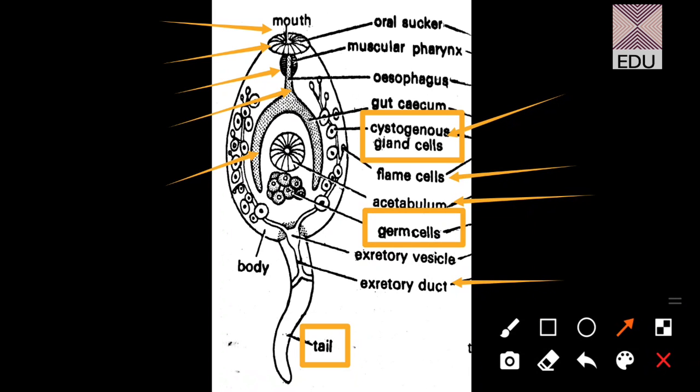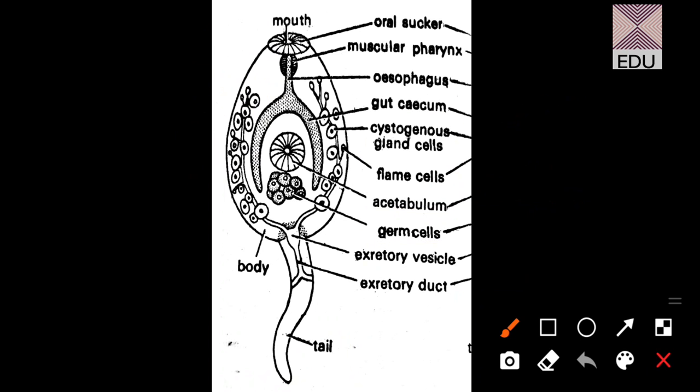The tail will be lost in the water, and only the upper part of the body, this much part of the body, will be under the cyst wall, and it will be forming the next larval stage, which is called the metacercaria.